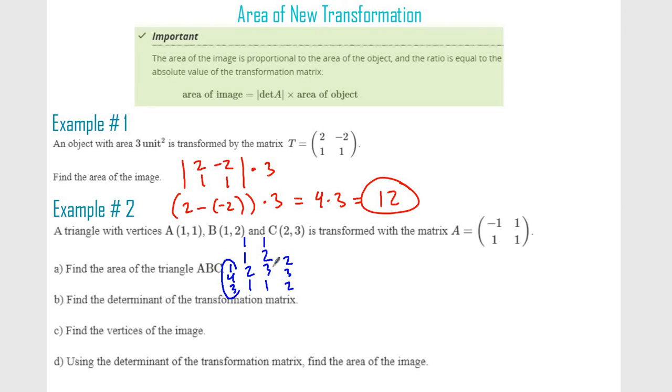You add this up, and it's the left minus the right. So 4, that's what, 7 minus 8. So the area, left diagonals minus the right diagonals.